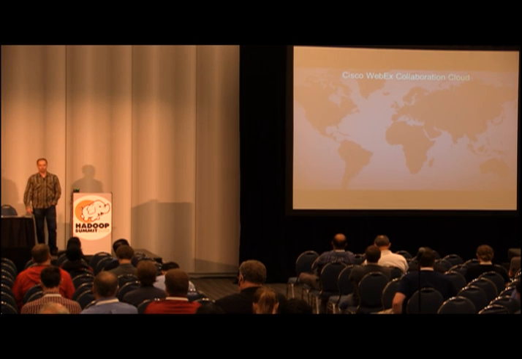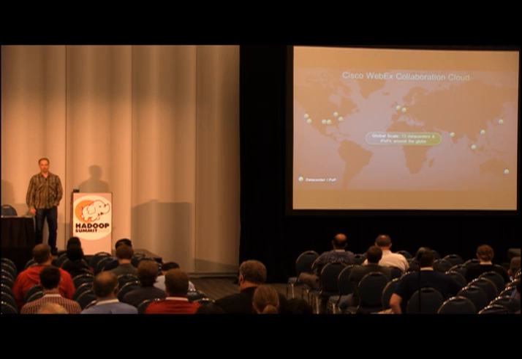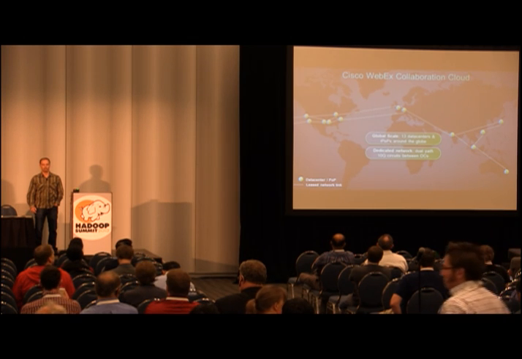We run our own cloud. We have data centers in more than 10 locations around the globe, in different regions. Some of the data centers are big, with thousands of servers, some are small, just a point of presence to get the traffic in. And we operate our own network. We have leased circuits between the data centers, like 10 gigs.